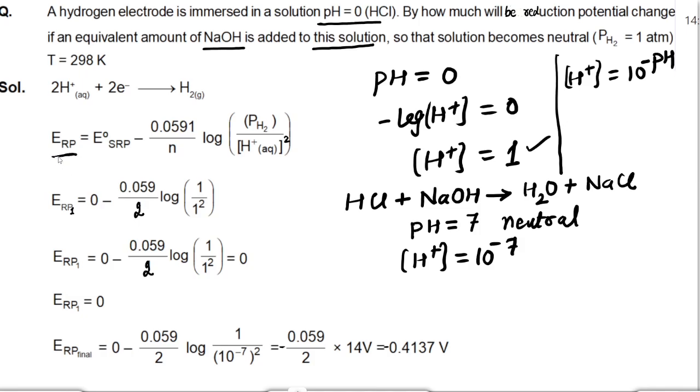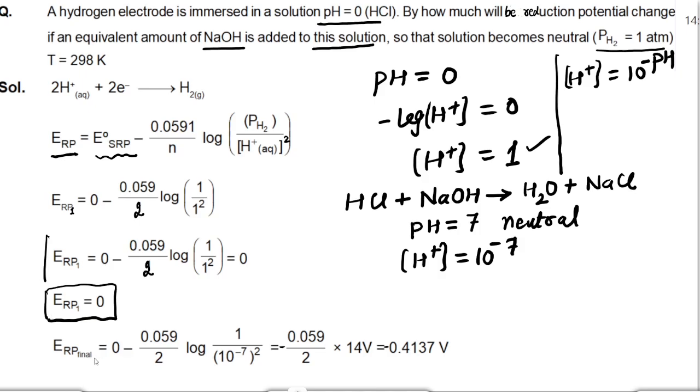So the reduction potential is equal to, because it is a hydrogen electrode, the standard reduction potential is 0, minus 0.0591 upon n. n is 2, log of the pressure of the gas, hydrogen gas 1 atmosphere, divided by H+ concentration, which is 1. So we get reduction potential minus 0.0591 upon 2 log of 1 upon 1 square. Log 1 is 0. So it comes out to be 0 only.